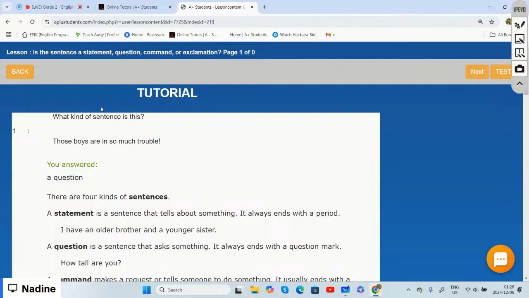So if we look at the sentence, it says those boys are in so much trouble.